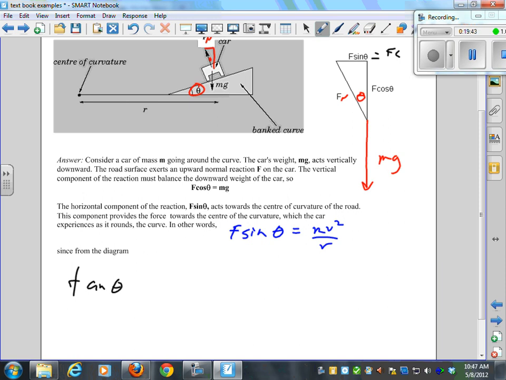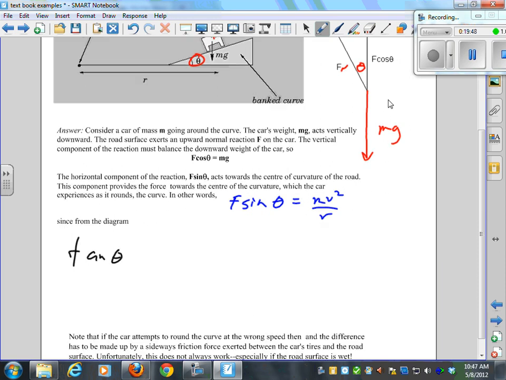Because tan theta is the opposite over the adjacent, so tan theta is equal to F sine theta all over F cos theta. Now, normally in math, you would just cancel the F's and it's sine over cos, right? But I don't want that, because my F sine theta is equal to, in blue there, mv squared over r. And my F cos theta is equal to, in red, mg.